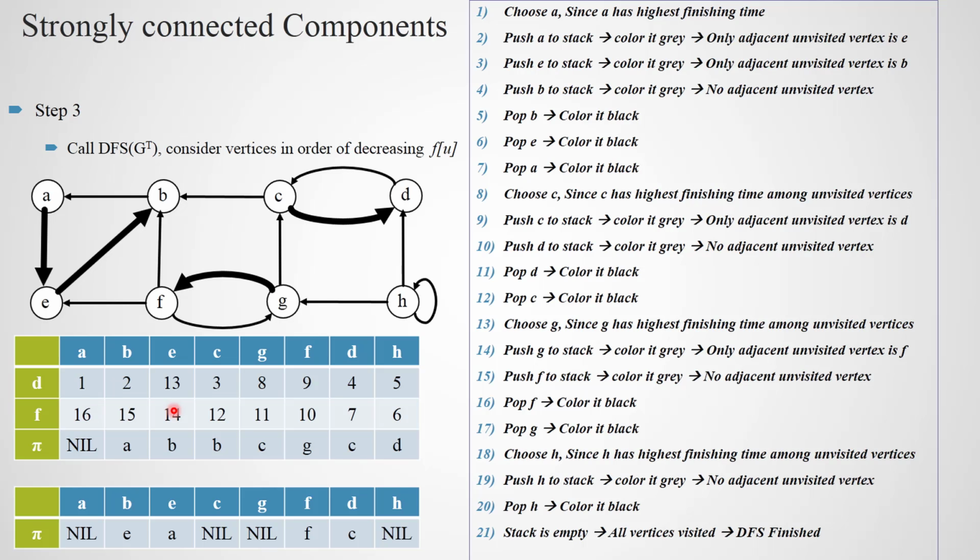Earlier we chose based on alphabetical order. Here there is no need to calculate discovery time and finishing time. I am calculating only the pi value, which means the parent value, to construct the depth first forest. So this will be the output of DFS of G transpose.